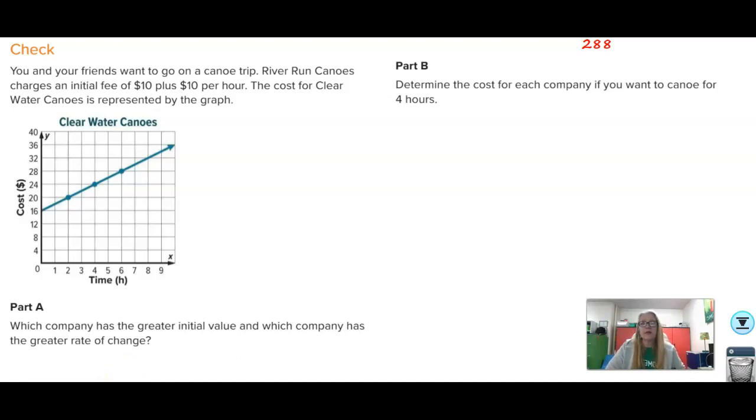You and your friends want to go on a canoe trip. River Run Canoes charges an initial fee of $10 plus $10 per hour. The cost for Clearwater Canoes is represented by the graph. Which company has the greater initial value and which company has the greater rate of change? River Run's equation would be $10 per hour plus $10 up front.